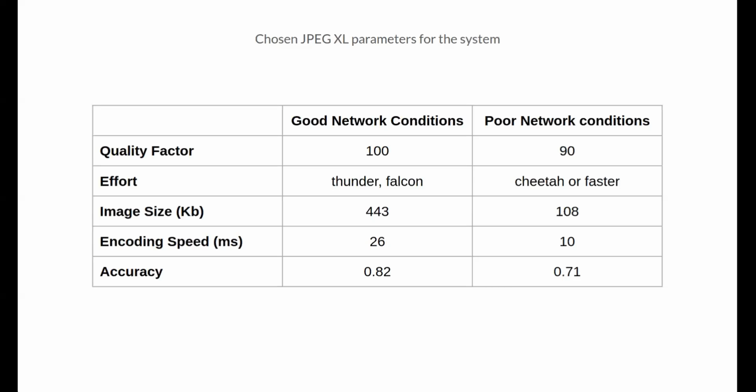In poor network condition, we choose a quality factor of 90 and the effort cheetah or faster. These parameters yield an average image size of 108 kilobits, an average encoding time of 10 milliseconds, and an average accuracy of 71%.